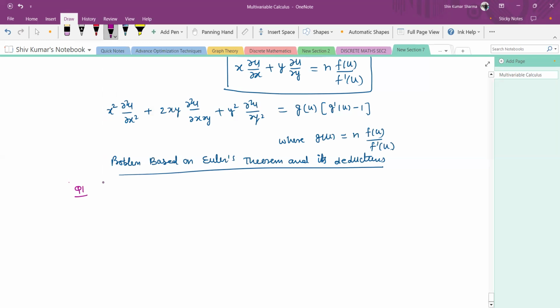The first question is: if u = sin⁻¹((x + y)/(√x + √y)), show that x ∂u/∂x + y ∂u/∂y = (1/2) tan u.